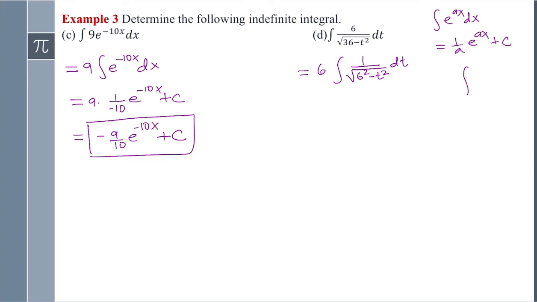So we can use this formula now: 1 over square root of a squared minus x squared dx is the sine inverse x over a. So this one is 6, then the inverse of sine t over 6 plus c.